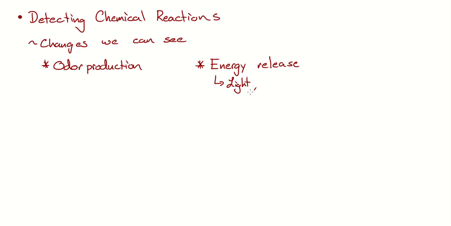Neon signs are just energy releasing from the neon inside as electricity passes through. There is another way this can happen. Anybody ever seen one of those things you put in your pockets when you go skiing or hiking in the wintertime, that you squeeze and all of a sudden your hand's warm? A hand warmer? Yeah, absolutely. Energy can be released via a chemical reaction in the form of light. It can be released in a chemical reaction in the form of heat, or thermal energy, if you would rather.